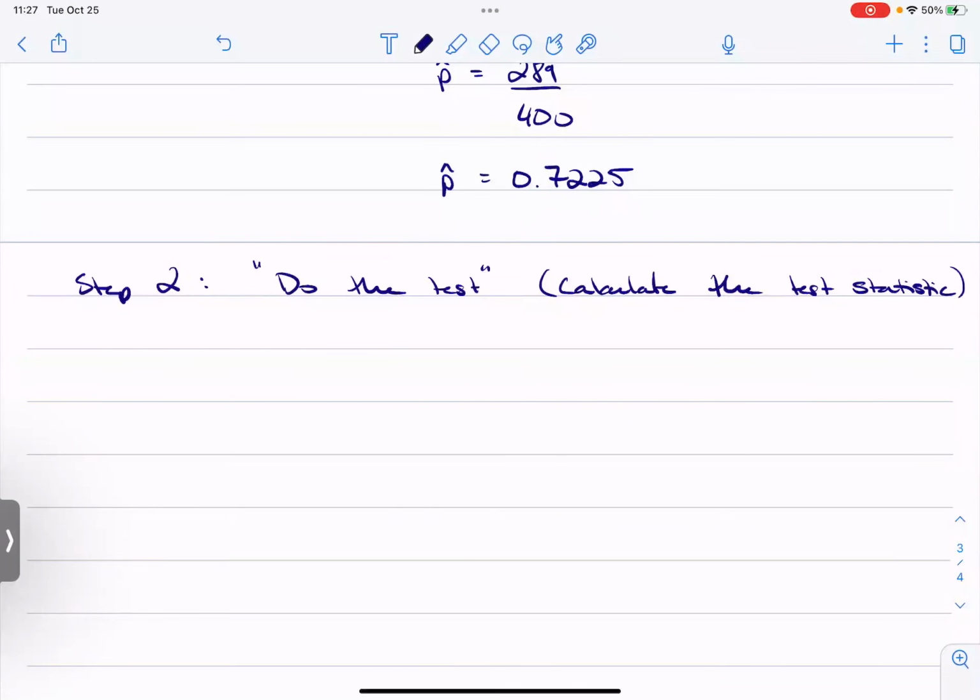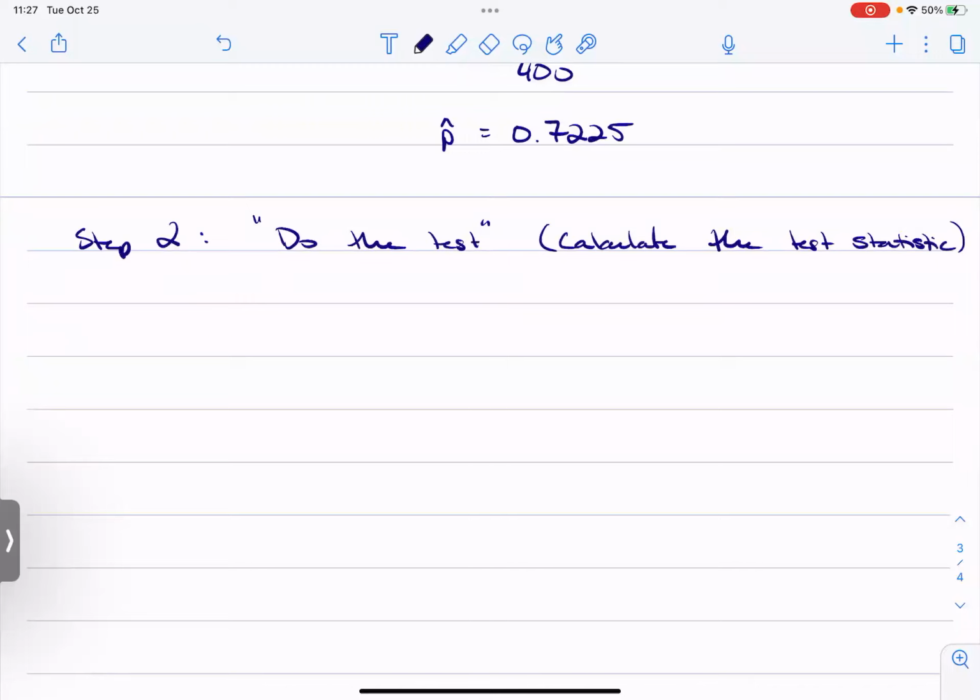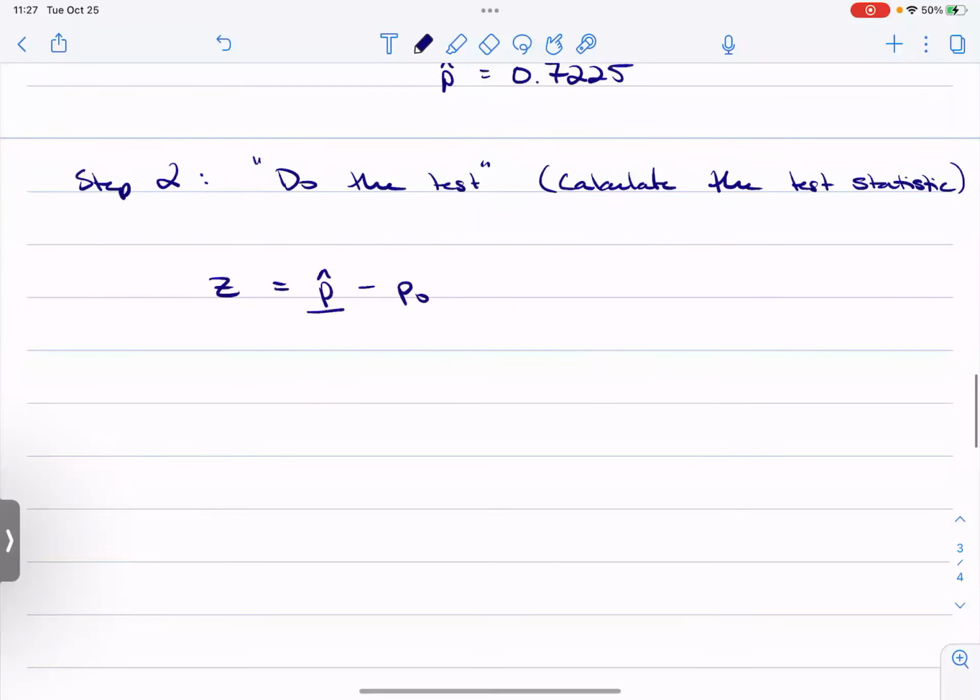So if I want to see how far p hat is from p naught, taking into account the standard error of p hat, that feels like a z-score to me, and it is. So no surprises there. Z is equal to p hat minus p naught divided by the standard error of p hat, which is now the square root of p naught q naught over n.